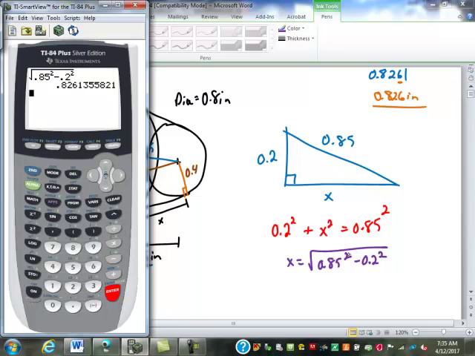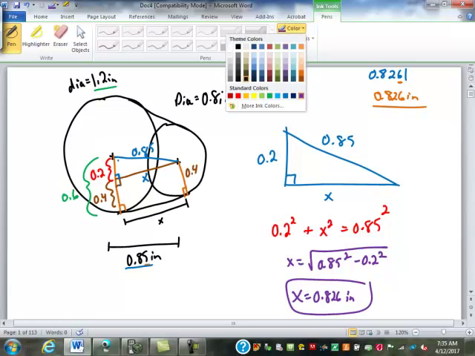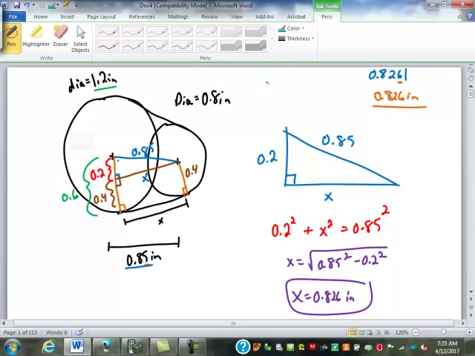So 0.8261, 0.826. Now, one of the other reasons why you want to go that one digit past what is given in the problem is if you need to use that number for calculating anything else later on, you have that extra digit so you don't get the huge round off errors in that next calculation.